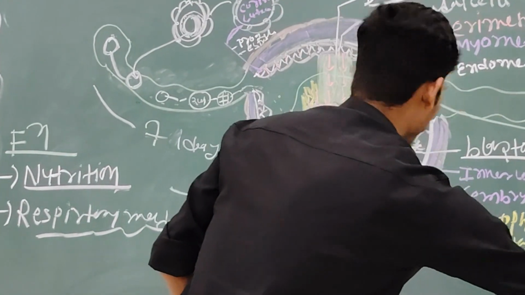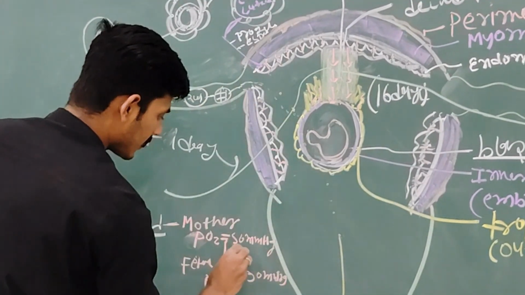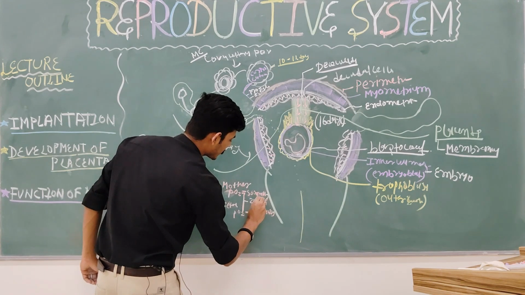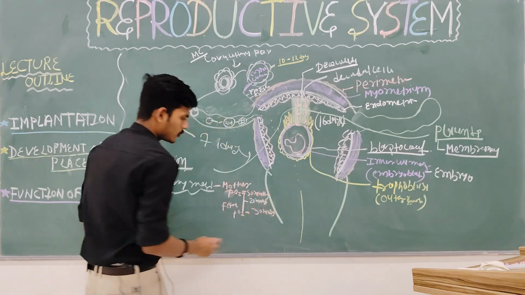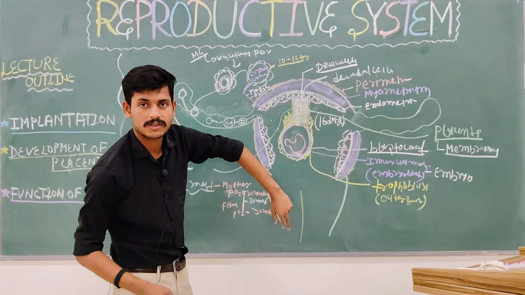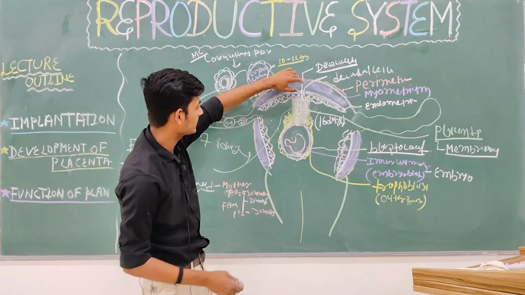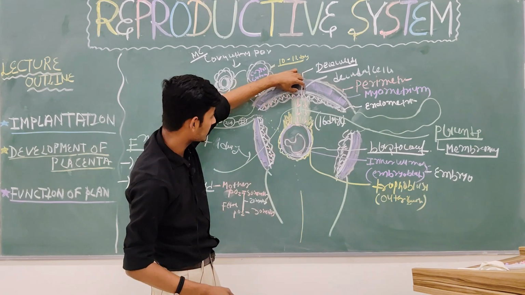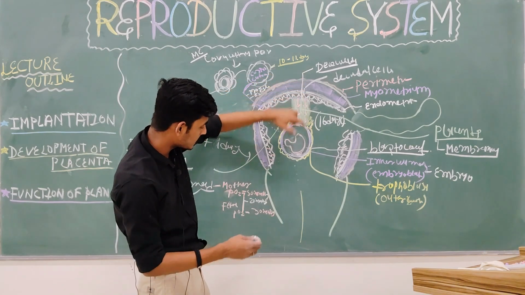Even though it's small, 50 minus 30 is 20 mm of Hg. Fine. So from the higher concentration to lower concentration, gaseous diffusion happens. So from the 50 mm of Hg, mother's oxygen can go, but it's slow.